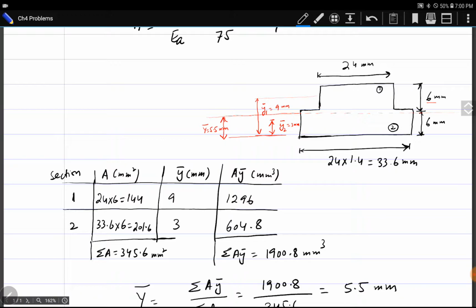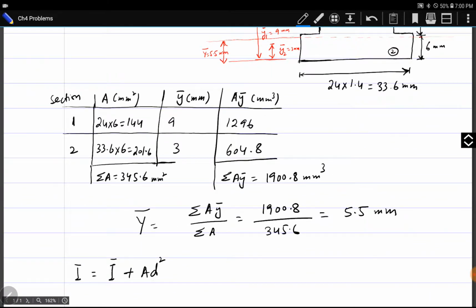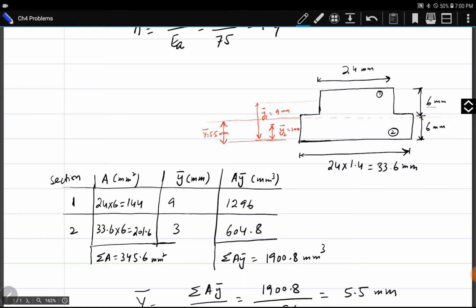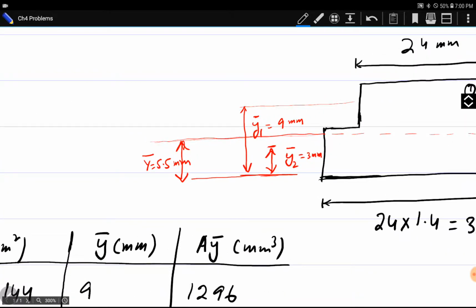Area of rectangle 1 and rectangle 2 are both known. It is 144 mm square and 201.6 mm square respectively. And D1 and D2, this D is actually the distance of the centroid of each area from the centroid of the total cross section. Centroid of the total cross section is here, Y dash, and centroid of area 1 is here.